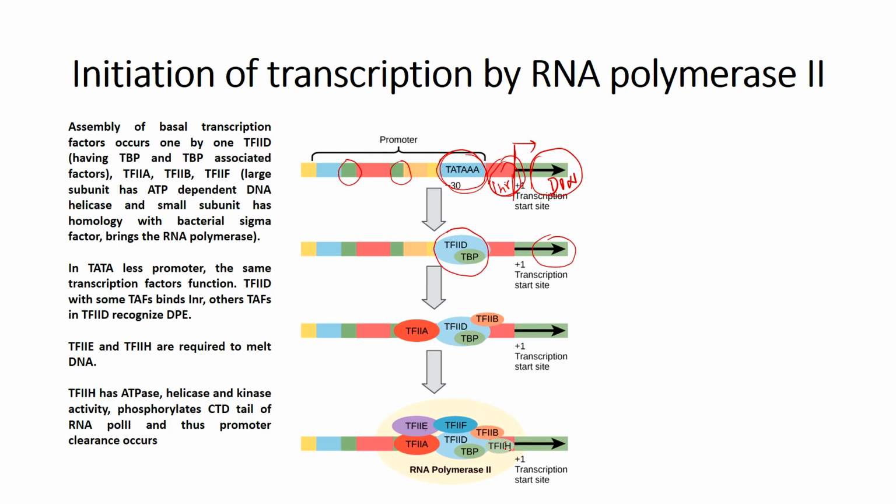Kinase activity is required because, as I said, in RNA polymerase II there is a CTD tail, that means the C-terminal domain tail. When this C-terminal domain tail is phosphorylated, only then can this RNA polymerase move from here. That means the promoter which was bound with RNA polymerase II is now cleared. So, this is called promoter clearance.